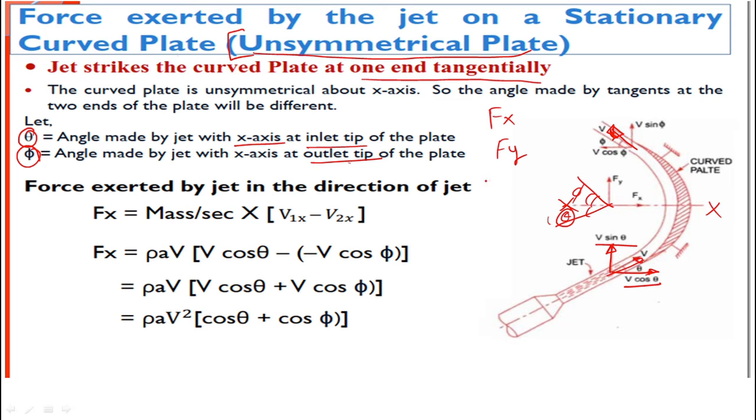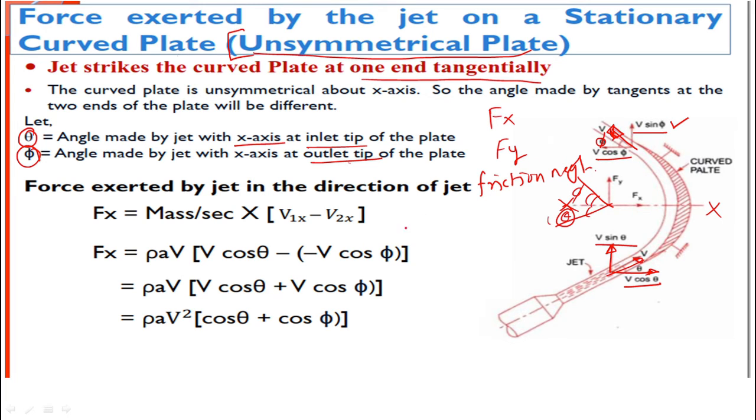Here also friction is neglected, that's why the inlet velocity and the outlet velocity will be the same, but the angles those velocities make with the x-axis are different, because this blade is asymmetric. The outlet angle is phi, so the two components are v cos phi along the x-axis and v sin phi along the y-axis.